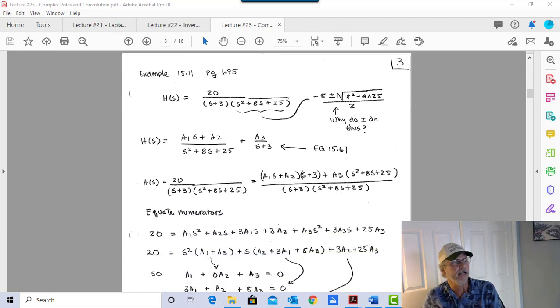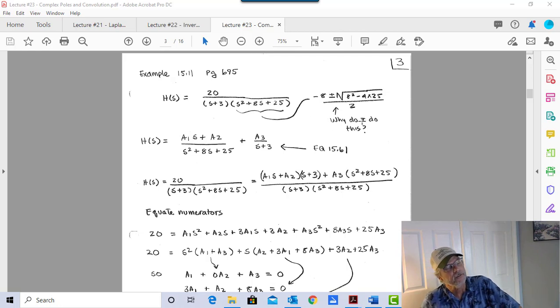All right, let's look at an example. In this example, I have a transfer function, and I can see that it consists of a simple pole and I'll call it a quadratic pole, because I don't know if it's a complex pole. And the first thing I'm going to do is throw the quadratic formula at this equation right here.